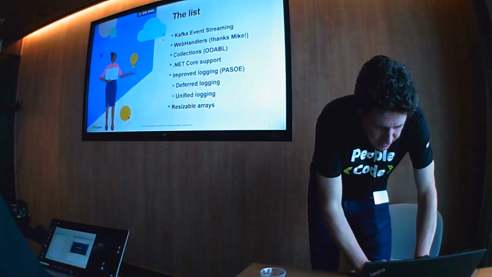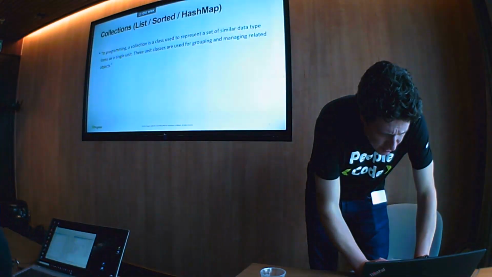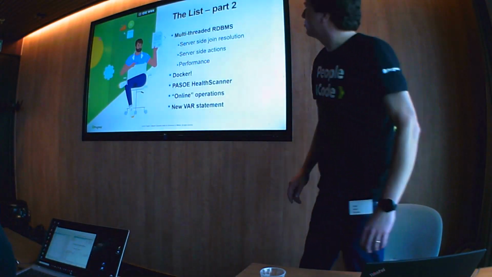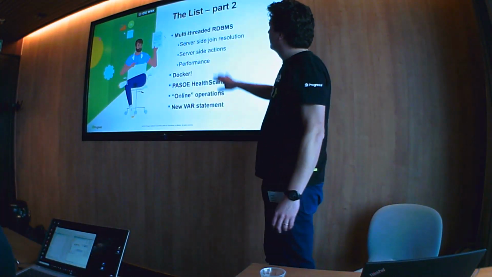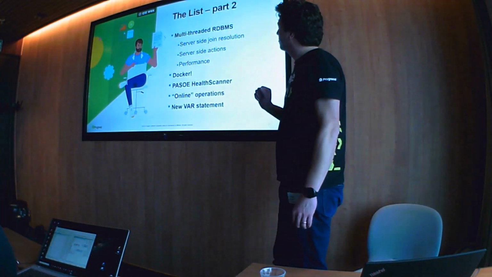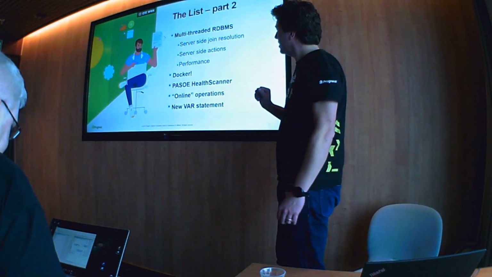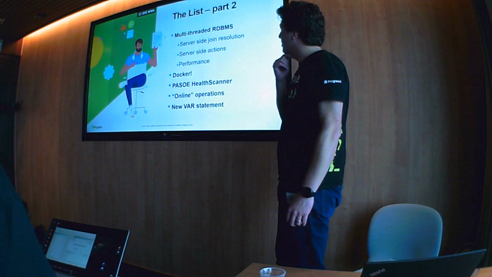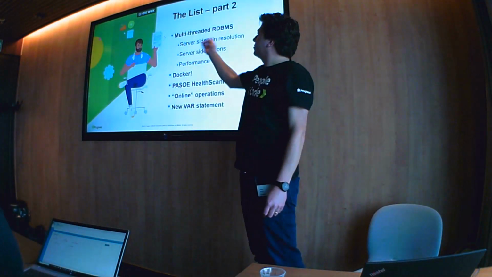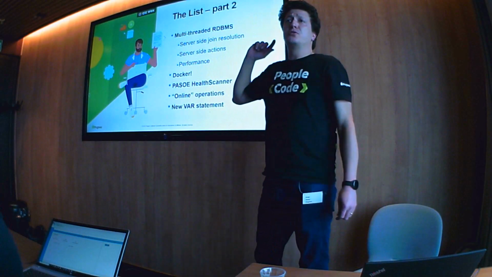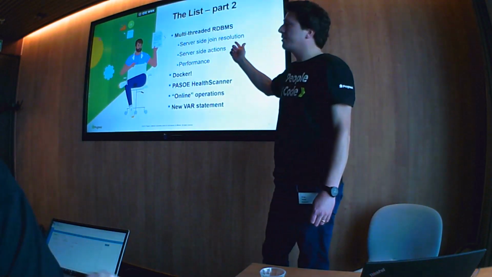So that is the one thing, and then I just wanted to cover a little bit of part two. Obviously this was a big thing for several reasons: the multi-threaded database that we introduced in 12.0 already and improved on. Why is that interesting? Because it enables us to do server-side join resolution, which means we're doing more stuff server-side if you have complex joins.